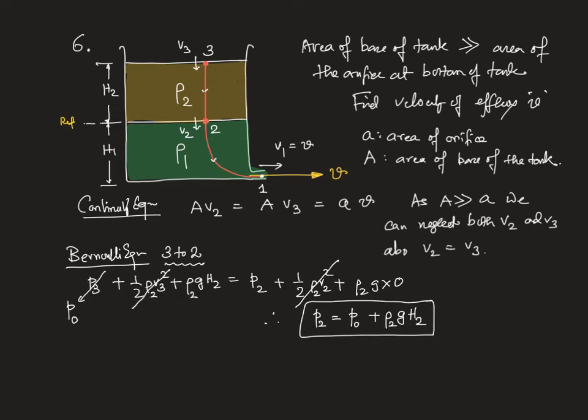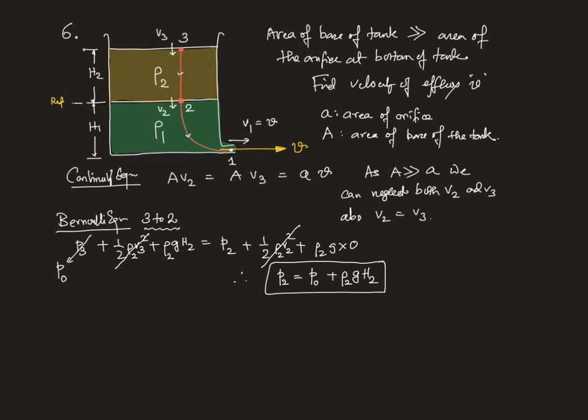Now next we'll go for the streamline for points 2 to 1. So from 2 to 1, P2 plus half rho 1 this time, because from 2 to 1 the liquid is having density rho 1, V2 square plus rho 1 g. Now, for this case, the reference can be shifted to the bottommost line, as per your convenience.